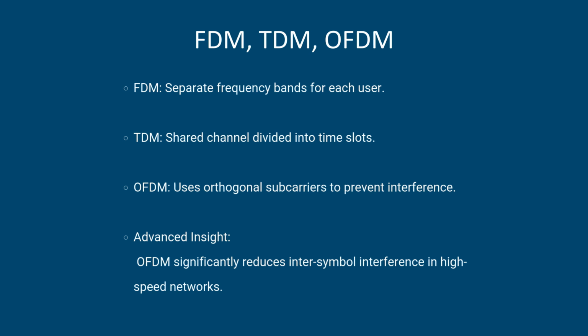These subcarriers overlap but don't interfere because they are mathematically orthogonal. OFDM significantly reduces inter-symbol interference and improves performance in high-speed communication systems. That is why OFDM is widely used in LTE and 5G.